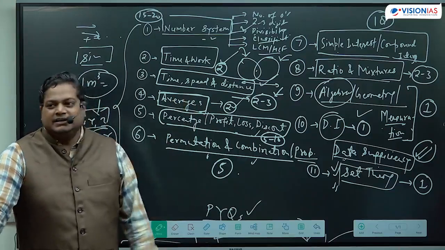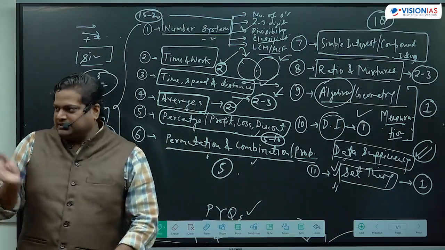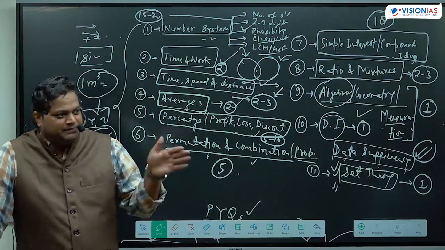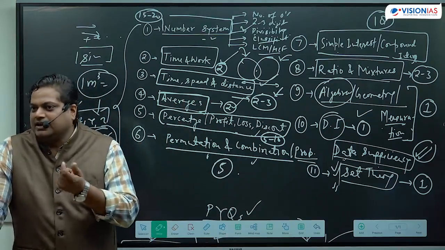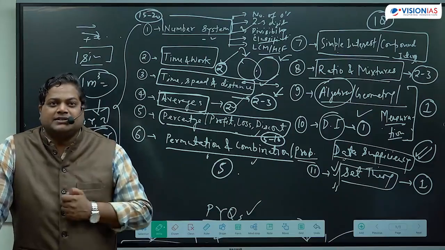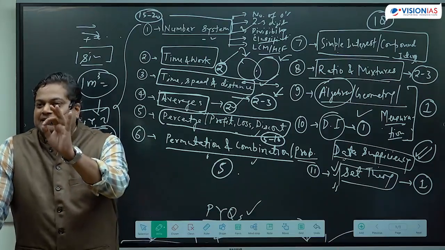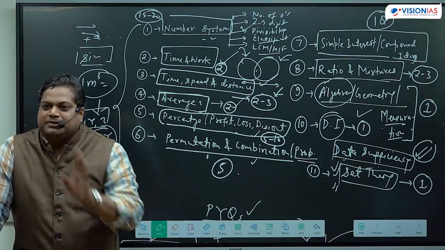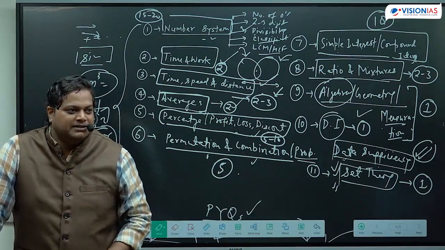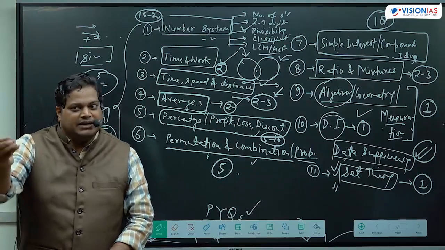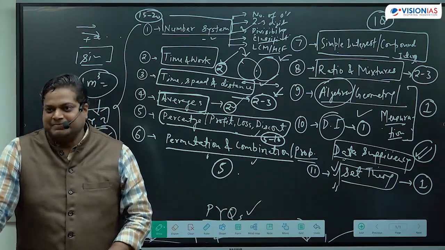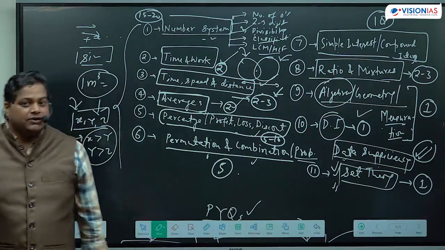CSAT में how we decide, we see the questions, just cursory देखते हैं कि क्या क्या है questions, किस topic से questions are asked. If we see कि 6, 7, 8 questions are coming from permutation and combination and probability, we'll see कि यार 6, 7, 8 तो ऐसे ही गए. Permutation combination में I'm not very confident.